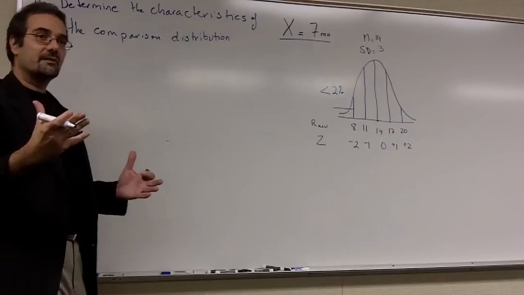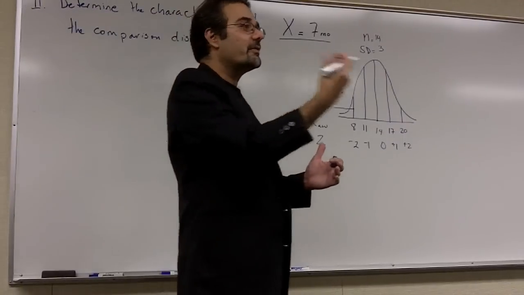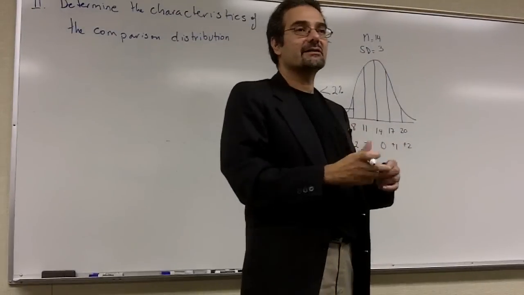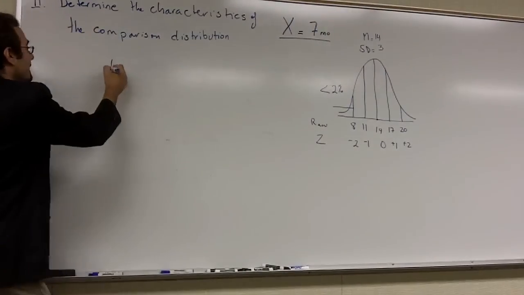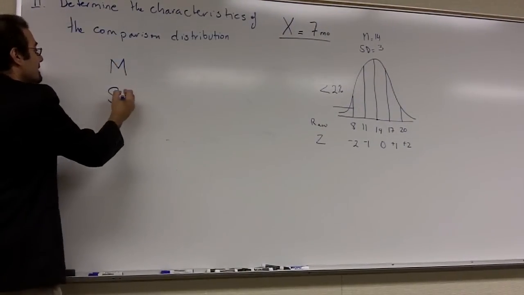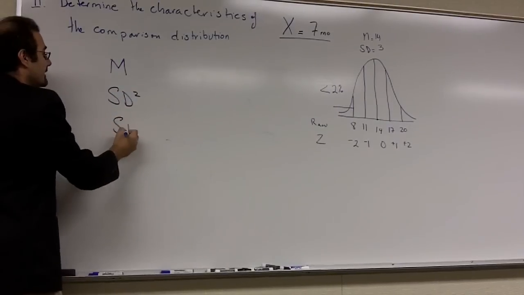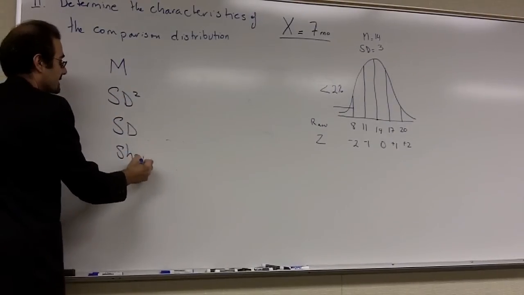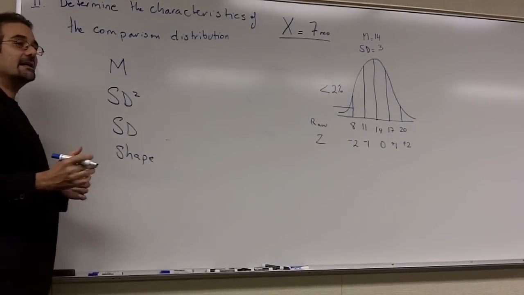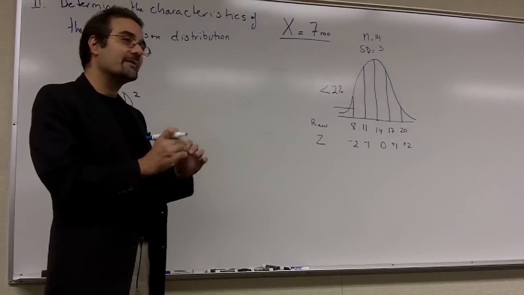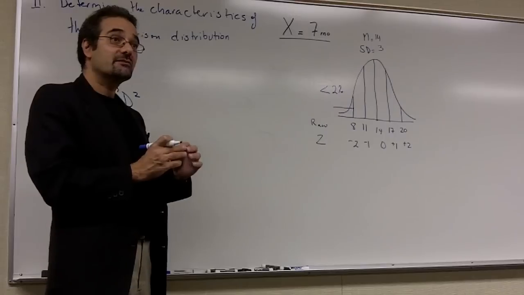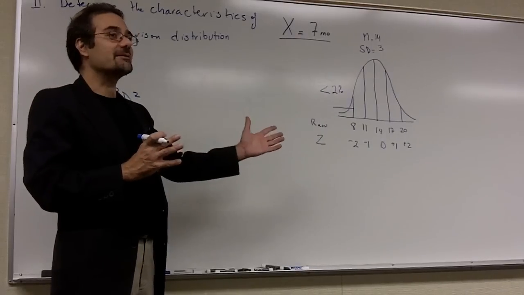And remember, from a technical point of view, you need 4 characteristics. What are the 4 characteristics? Very good. Mean, variance, standard deviation, and shape. Excellent. And in chapter 5, these will be given to you in the problem. They'll be stated for you because God knows the population.